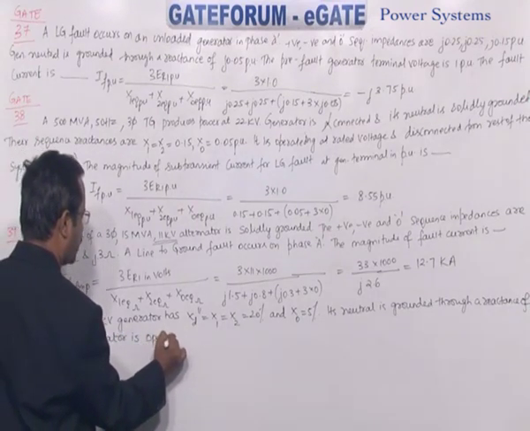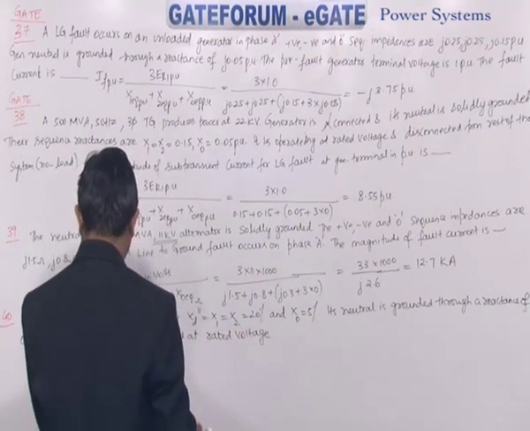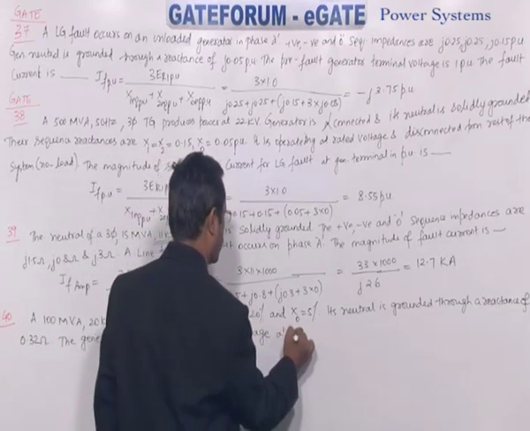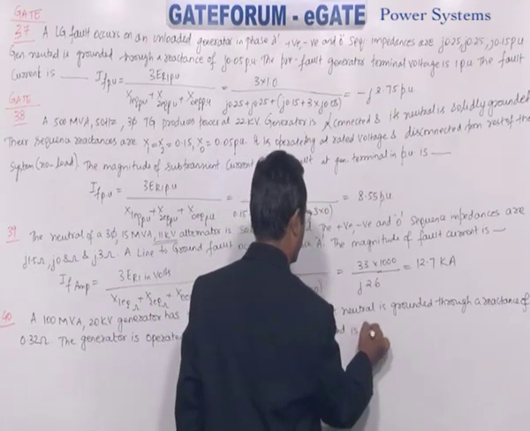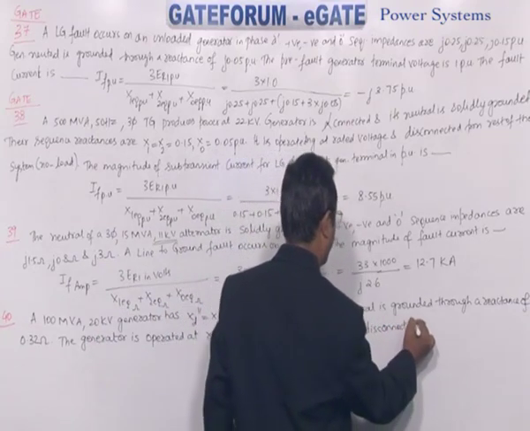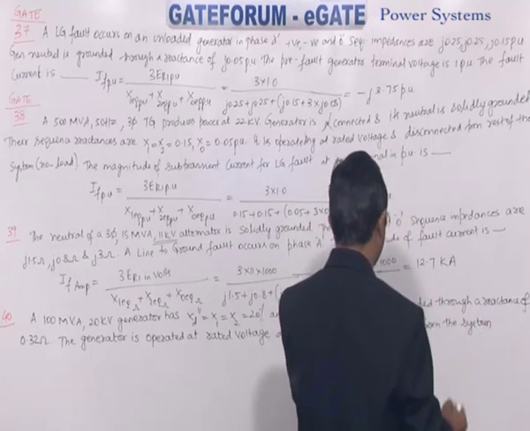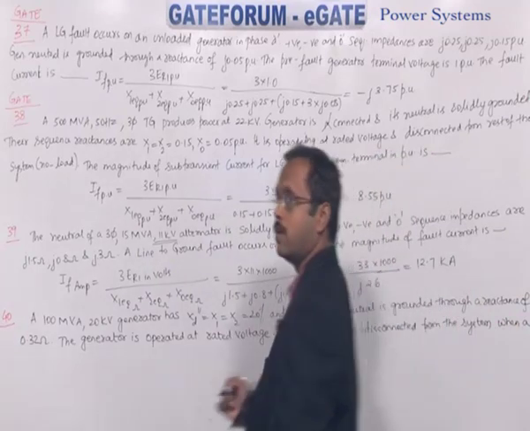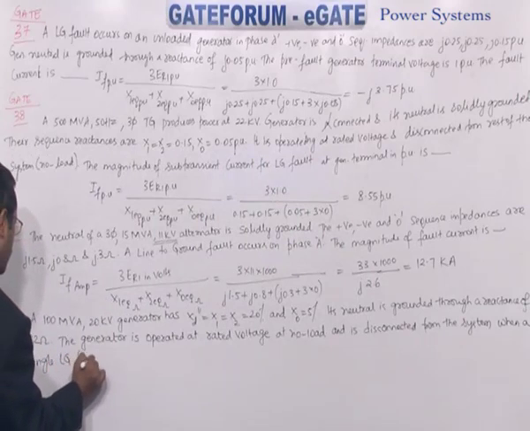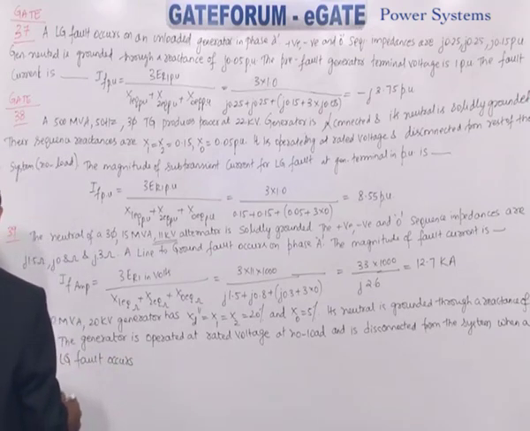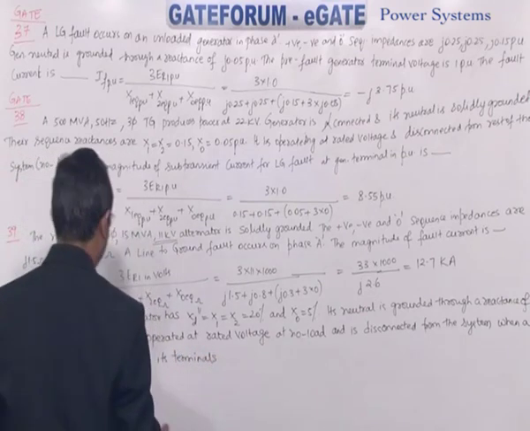The generator is operating at rated voltage at no load and is disconnected from the system when a single line to ground fault occurs at its terminals.